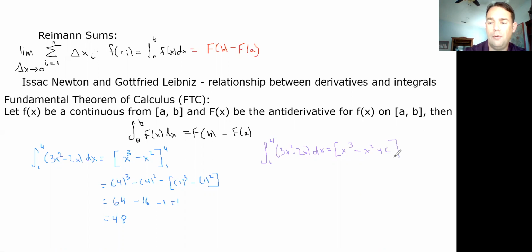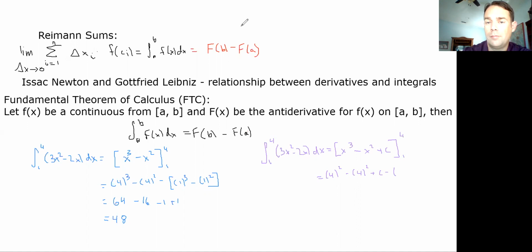We're going to evaluate that from 1 to 4. All right, friends. So when we plug this in here, notice we still have our 4 cubed. We still have our 4 squared. And then there's our plus c, would just be hanging out there because we only plug in for x.